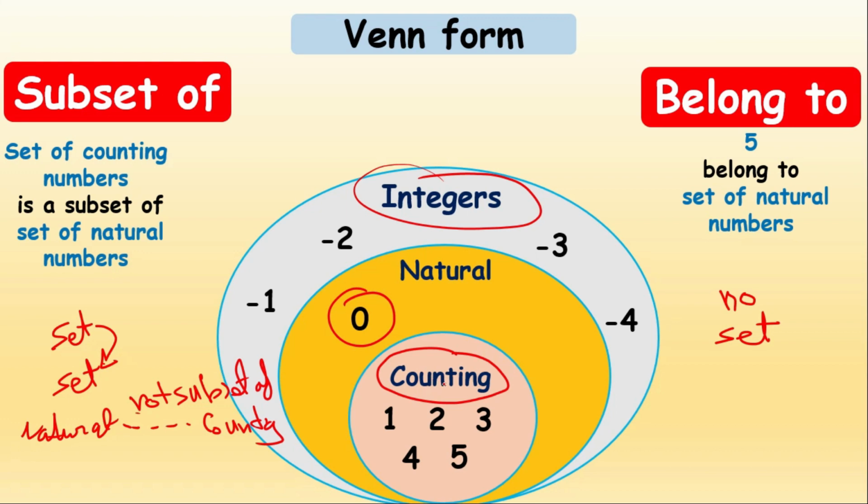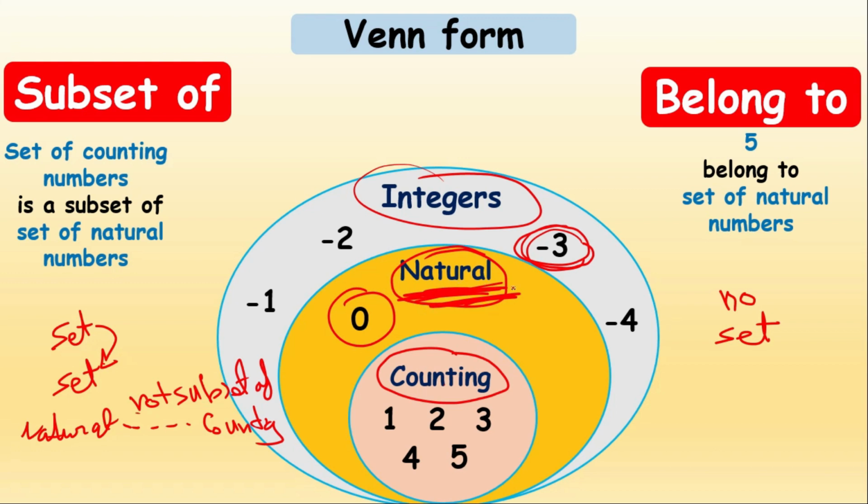So the set of counting numbers is a subset of the set of integers, and also the set of natural numbers is a subset of the set of integers. And the same, you can say negative 3 belongs to the set of integers, because it is a number or element. Any number inside the set we call an element, so you don't get confused if it comes in a question. So negative 3 belongs to the set of integers and the set of natural is a subset of the set of integers.